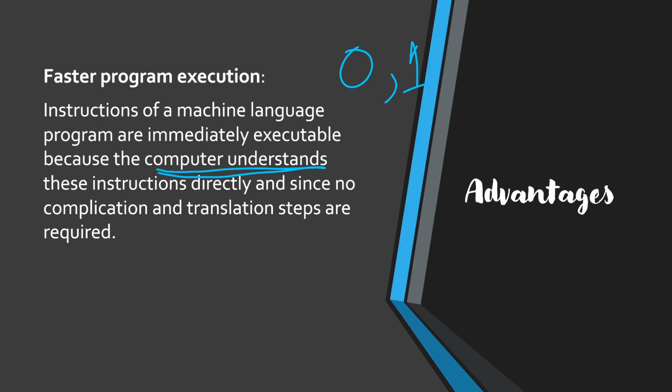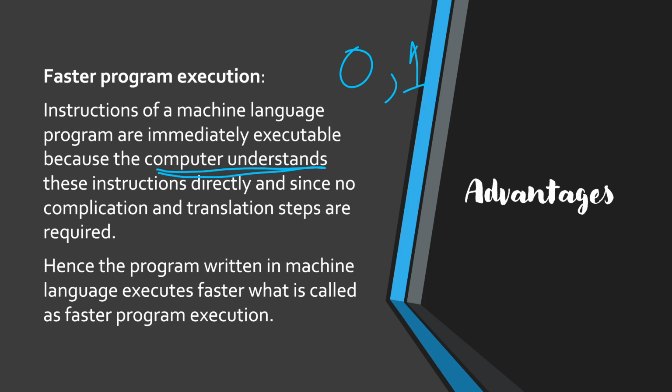If we give a language in English, computer doesn't understand. It needs several steps to change it to 0 and 1. But if we directly give in 0 and 1, it's very simple for the computer. So it can execute faster. Hence the program written in machine language executes faster, which is called a faster programming language.